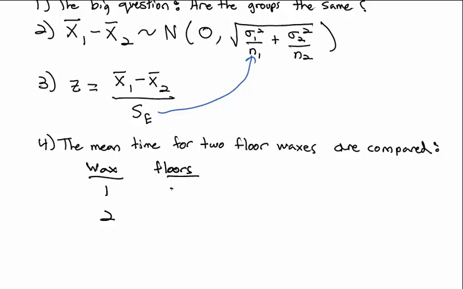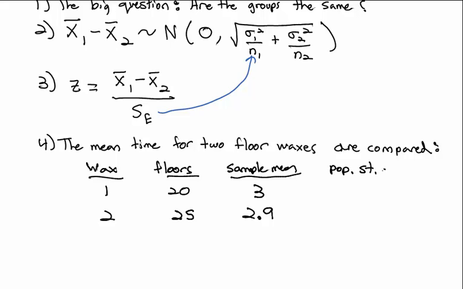Wax 1 was done on 20 floors, wax 2 was done on 25 floors. And the sample mean of those 20 floors, it took 3 hours to wax. And of the 25 floors with the second wax, it took 2.9 hours on average to wax. And we know the population standard deviation for each wax is 0.33 and 0.36 respectively.